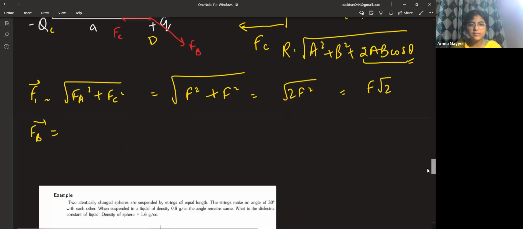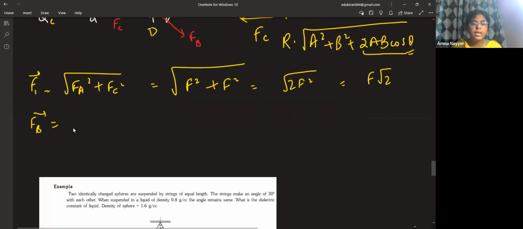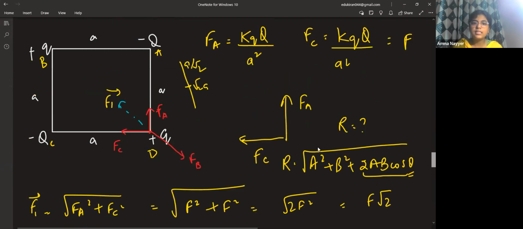So FB will become KQ square divided by root 2A whole square. Now, this FB is the force here, and this is the resultant force that has been obtained. If the question says small q is under equilibrium, it means net force is 0, so both these forces are balancing each other.